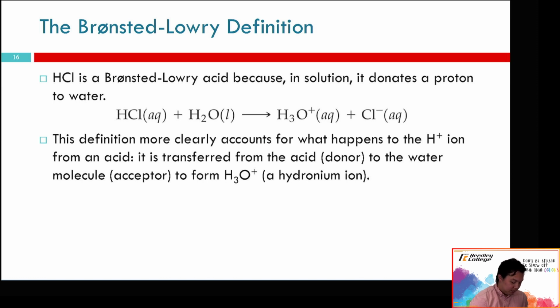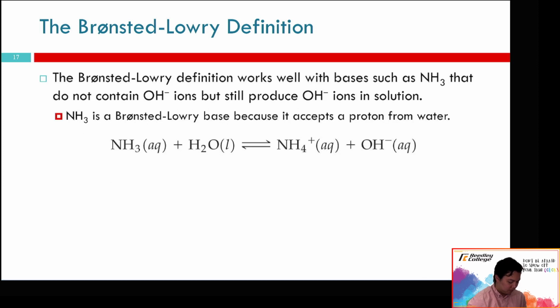And actually here, water is, I'm just going to abbreviate this as BL base, because it accepts that proton. And this is going to be our Bronsted-Lowry acid. The Bronsted-Lowry definition works well with bases also, like NH3, which I mentioned briefly before, which does not contain a hydroxide ion, but still produces hydroxide ions in solution.